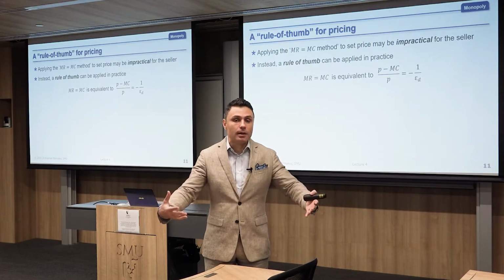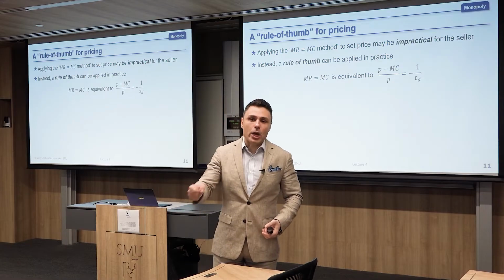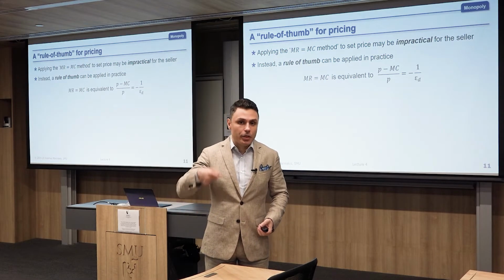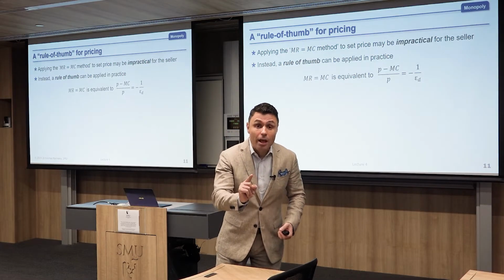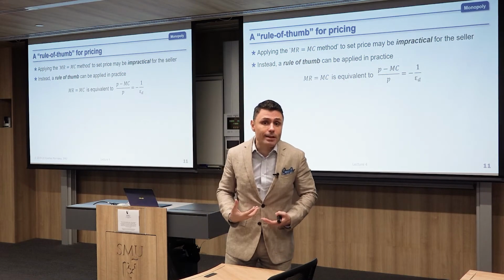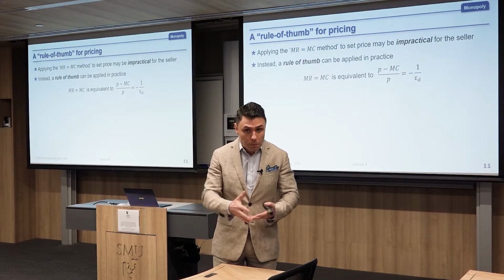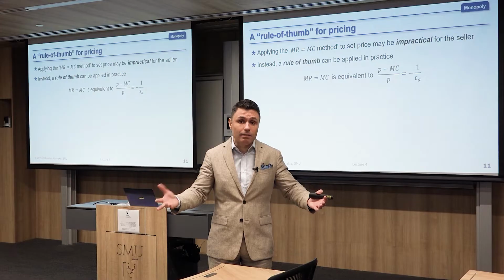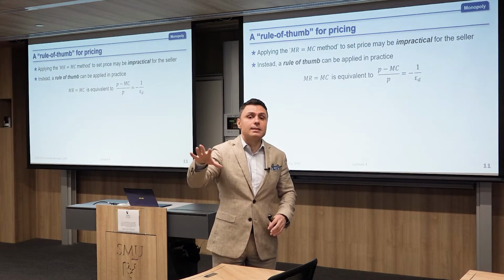I calculate my cost per plate, and I price it by checking how much above I can. But be careful, they do this if their product has some monopoly power, meaning that it's not perfectly competitive. If it's perfectly competitive, you don't need to do that. You just price at whatever price is in the market.